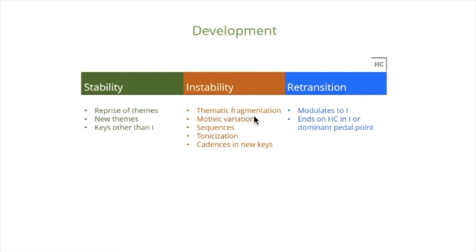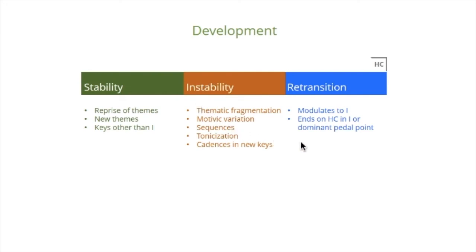So lots of thematic development here. Motivic variation, sequences, tonicization, and more importantly, brief tonicization, because it doesn't really stay in that key for a long period of time, as well as cadences in new keys. So all these are features of instability.